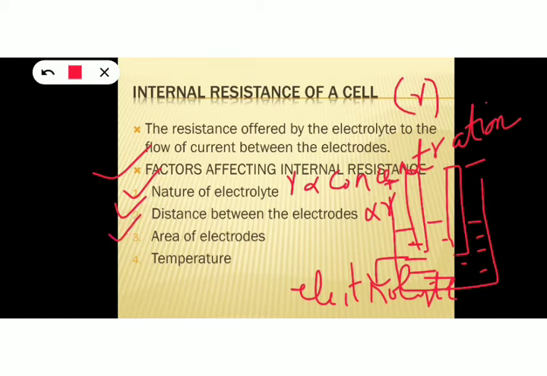As the area of electrodes increases, internal resistance decreases. Temperature. Internal resistance decreases with increase in temperature. That means it is also inversely proportional to temperature. So when temperature increases, internal resistance decreases. Okay, so these are the factors affecting the internal resistance of a cell.